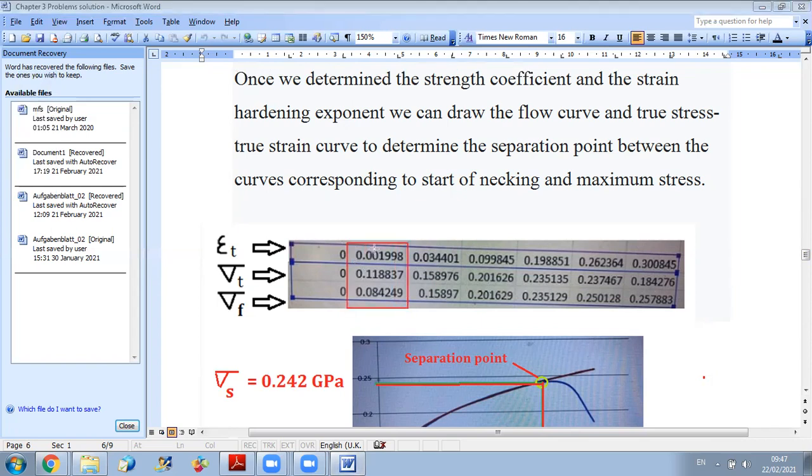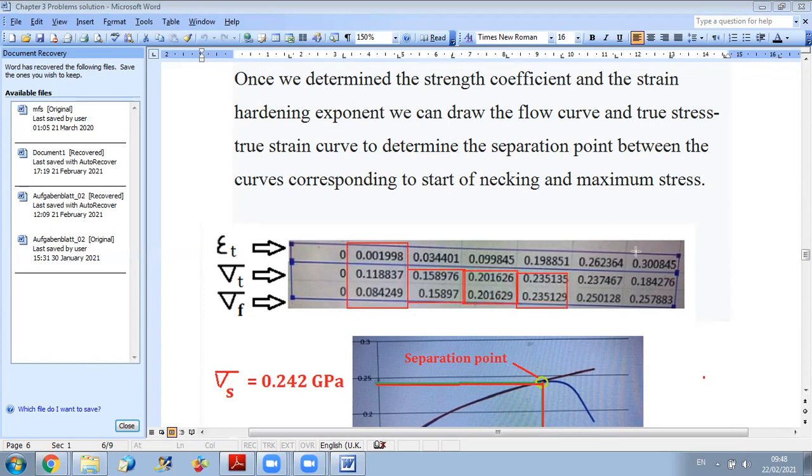For the same epsilon, sigma true and sigma flow differ because we are still in the elastic zone. Once you reach the strain hardening zone, the values are very close. It's expected because we found k and n based on these points 2, 3, and 4.